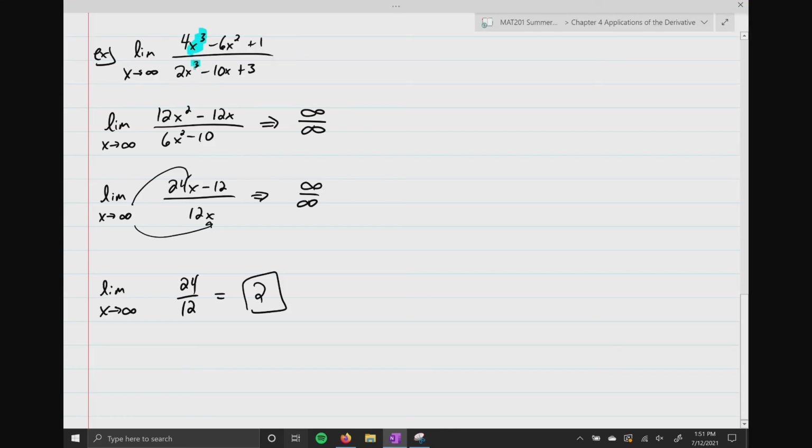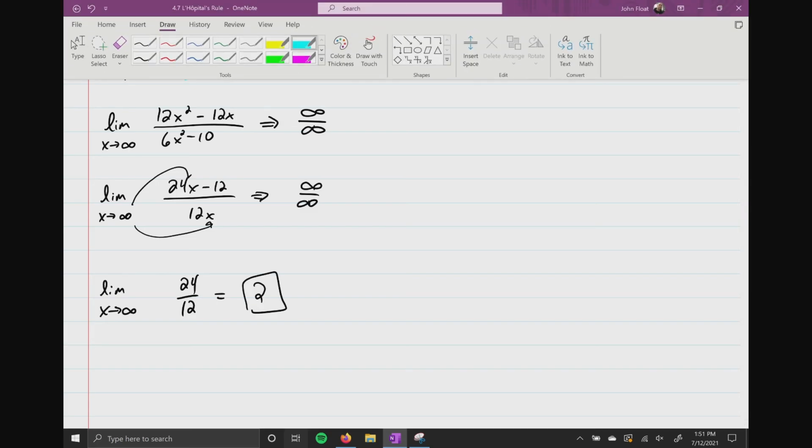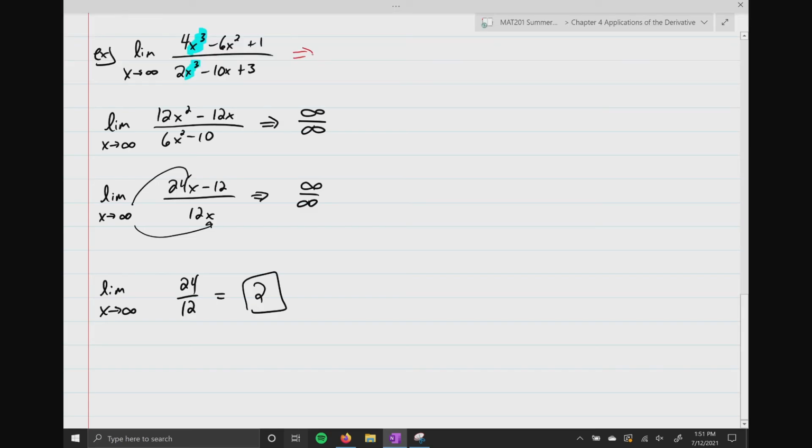My degree in the denominator is x to the third, which means my limit is going to be nothing more than the leading coefficients, 4 over 2, which equals 2. So just by understanding what's happening and now looking at L'Hopital's rule, you could just see how everything kind of just comes together, all right?